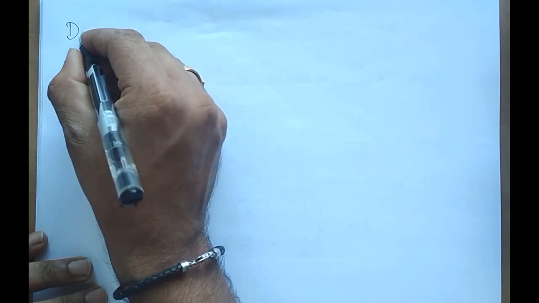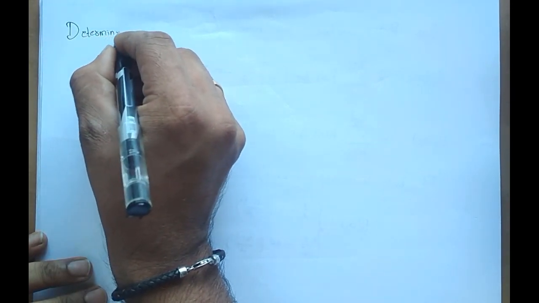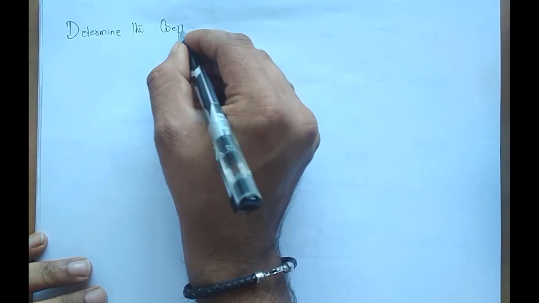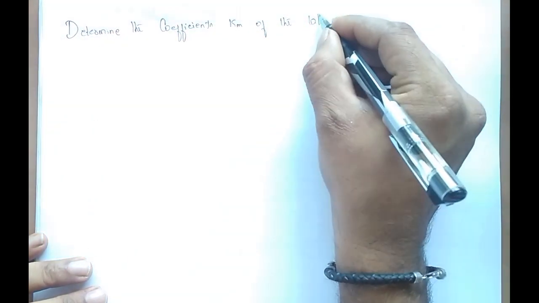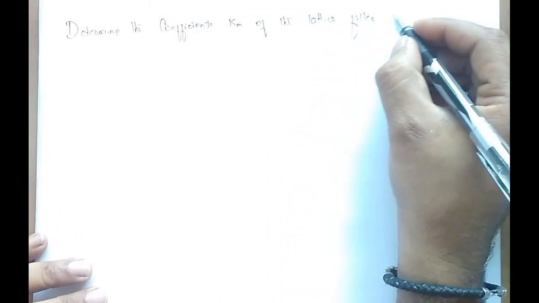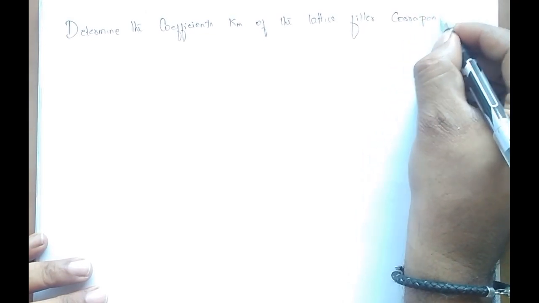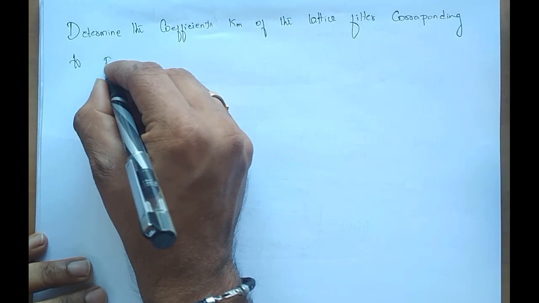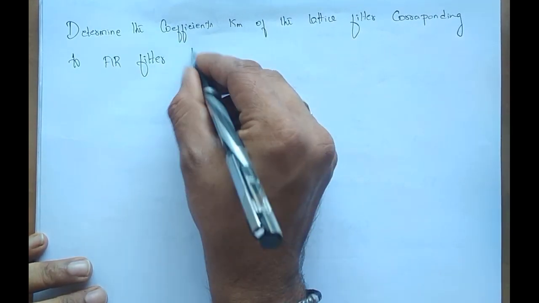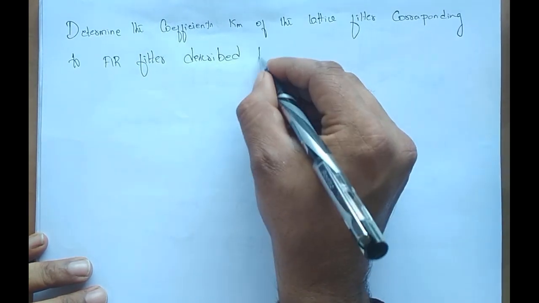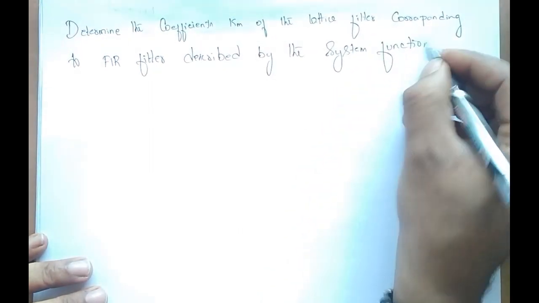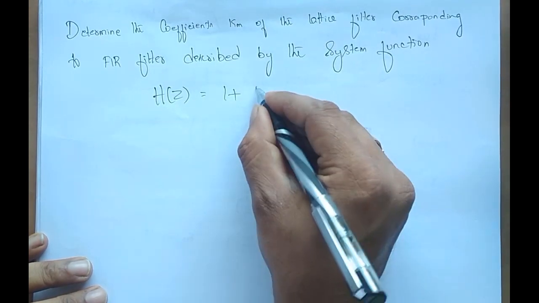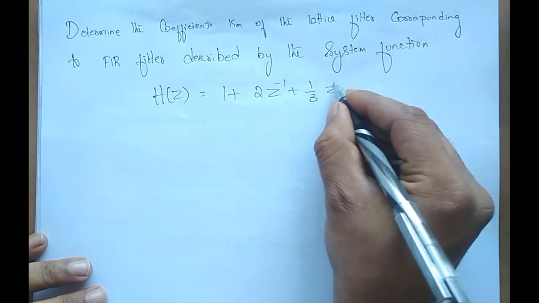We shall take up one example to convert from direct form to lattice. So determine the coefficient km of the lattice structure, lattice filter, corresponding to the FIR filter described by the system function H of z is equal to 1 plus 2 z power minus 1 plus 1 by 3 z power minus 2.